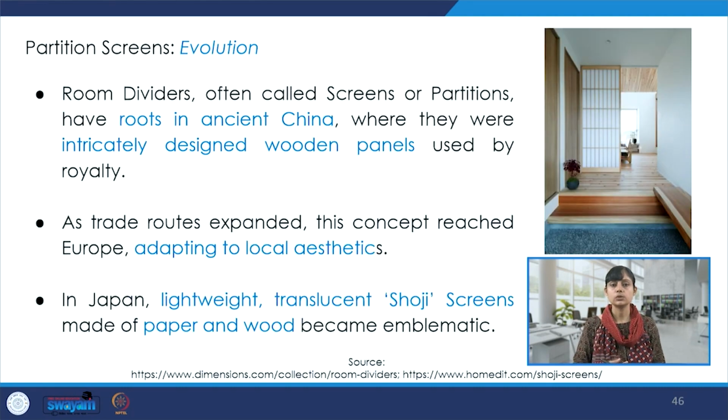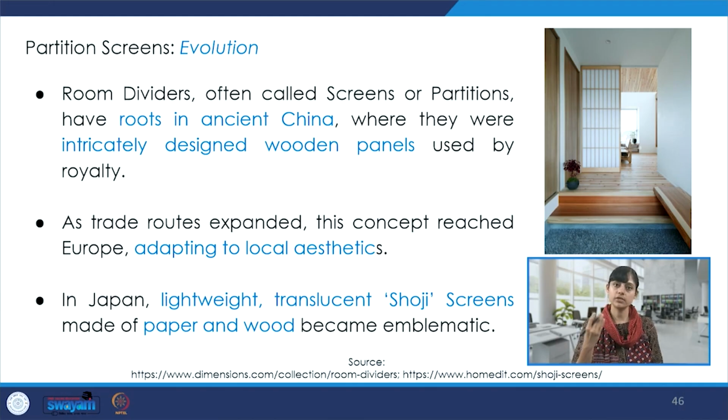So if we talk about evolution, there is an important reference to China where we see the roots of these room dividers, in ancient Chinese civilizations. There was a use of intricately designed wooden panels that were used by royalty, and they were used for dividing rooms and spaces for diverse purposes.